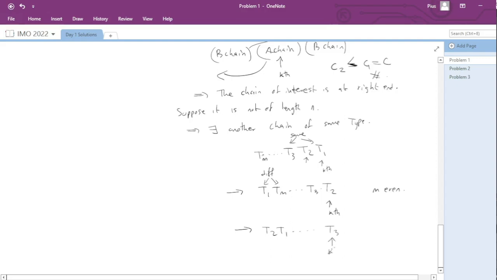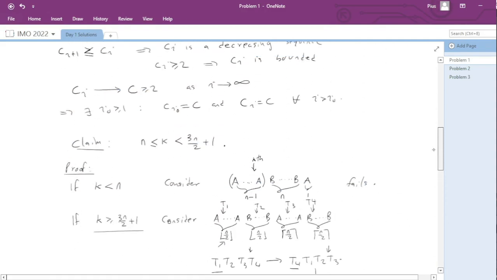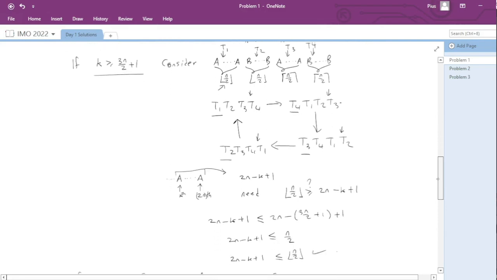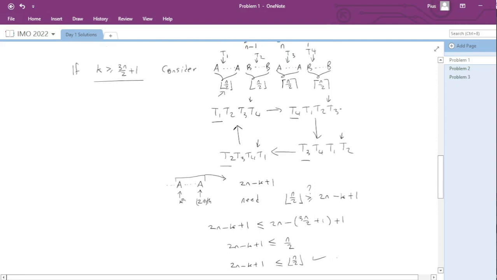So this is going to be the problem. So for what we did before, when we're dealing with the second case, we saw what it took for the Kth one to be at the extreme right, which is that we need the length of that chain to be at least this much. Okay, so we're just going to use this.